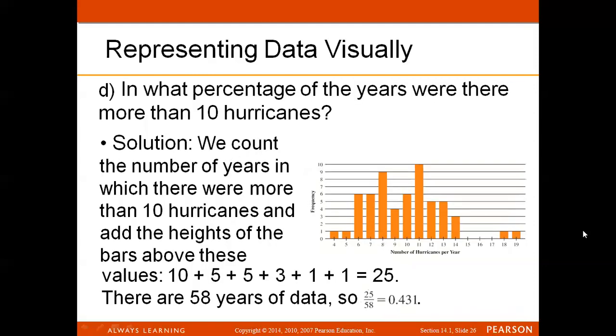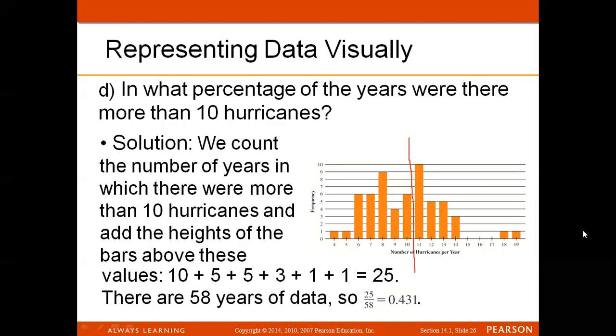And question D reads, in what percentage of those years were there more than 10 hurricanes? So for more than 10 hurricanes, we don't want to count those from 10.